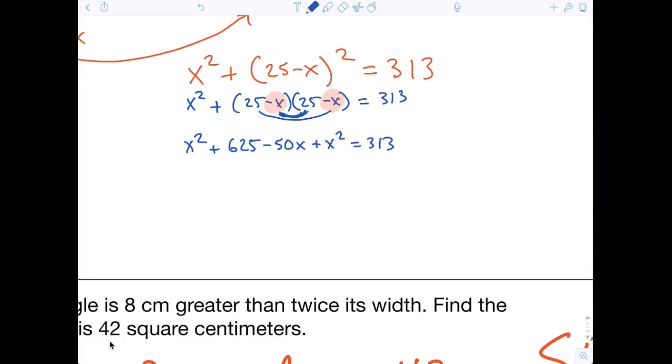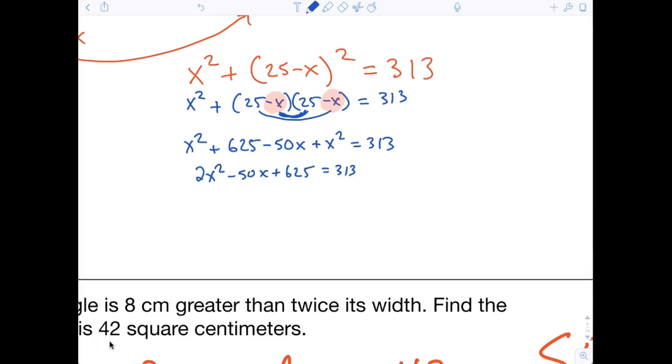Anybody have any issues with that? Now we're combining terms. What's x squared plus x squared? 2x squared, minus 50x plus 625 equals 313.